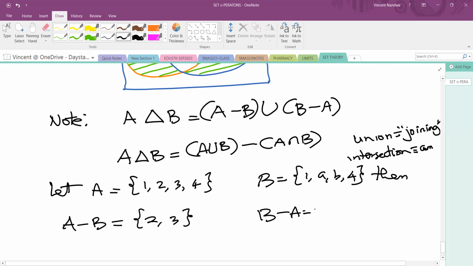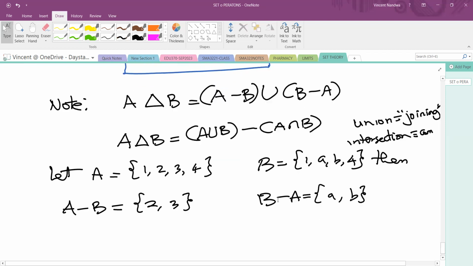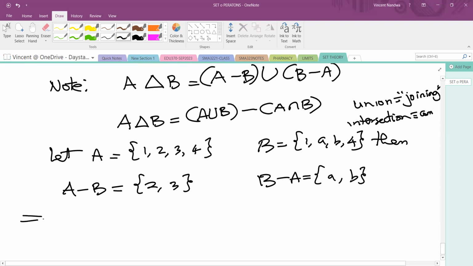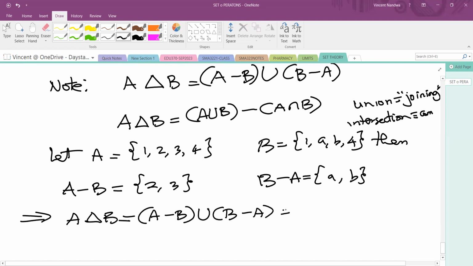B minus A is going to give me {a, b}, if you follow the previous discussion. So the symmetric difference of A and B in this case should be A minus B joined to B minus A, which will be {2, 3, a, b}.